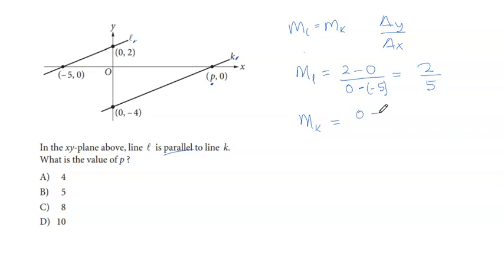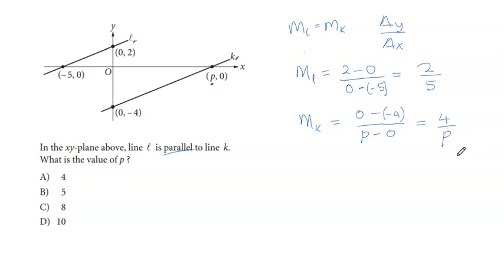So 0 minus 4, divided by P minus 0, right? The corresponding coordinates. So here, 0 minus 4 is 4, because you have two negatives here. And then the denominator is what?